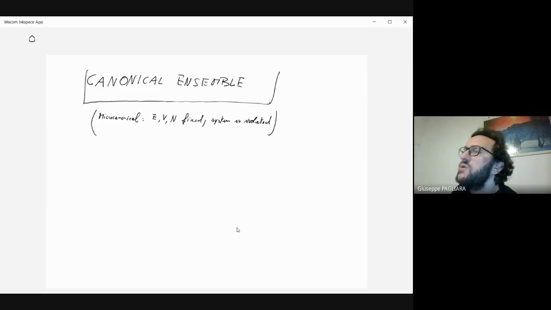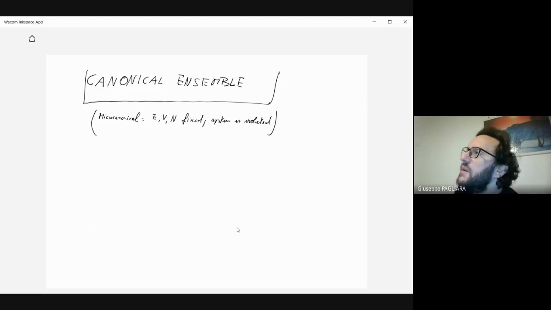This calculation is usually very complicated. Actually, it's easy, but somehow not straightforward for the case of just a Hamiltonian with kinetic terms, but it gets very, very complicated once you introduce interactions. So it gets almost impossible to compute such a volume, okay? In the case in which you have also interaction between particles.